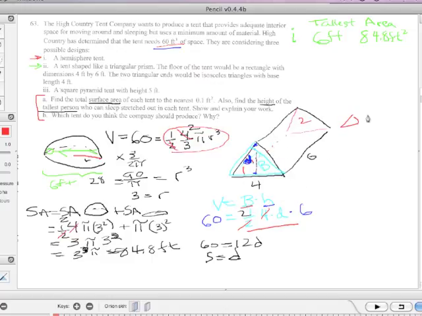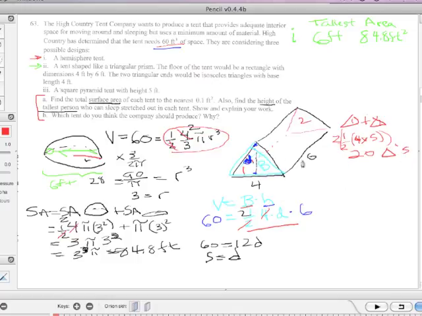Each is going to be 1/2 the base, 4, times the height, 5. And it's going to be 2 of those, right? 2 triangles. So that's 20. So we have 20 from the triangles, the ends.